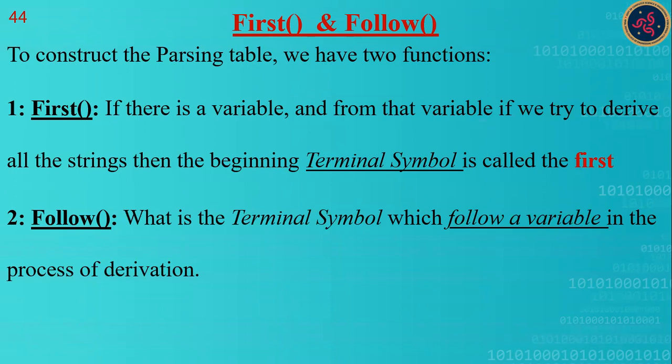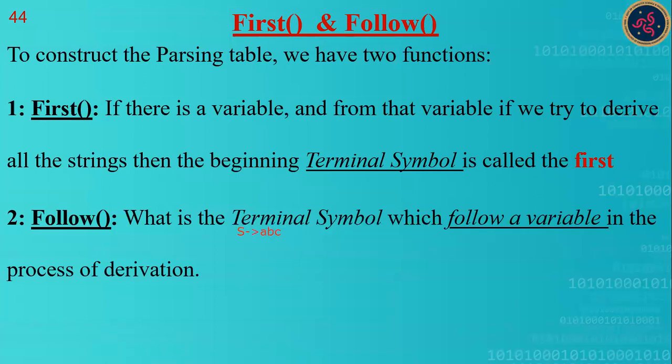Suppose I give an example: I have a production S gives ABC. Then first of S will be the first symbol in this production. Here the first symbol is a terminal symbol, small letter A. So we can say that the first of S is A.